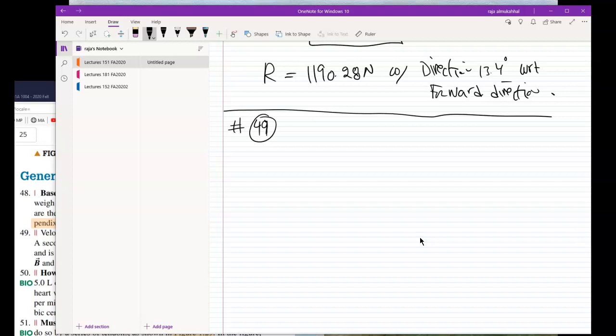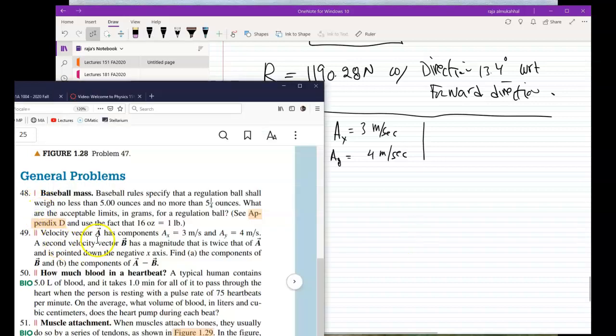Anyway, so what we have, he says you have a vector A, and the component A sub x is equal to 3 meters per second, and the component A sub y is equal to 4 meters per second. I'm actually reading it from the hard copy. And then he says, now listen to what he says here.